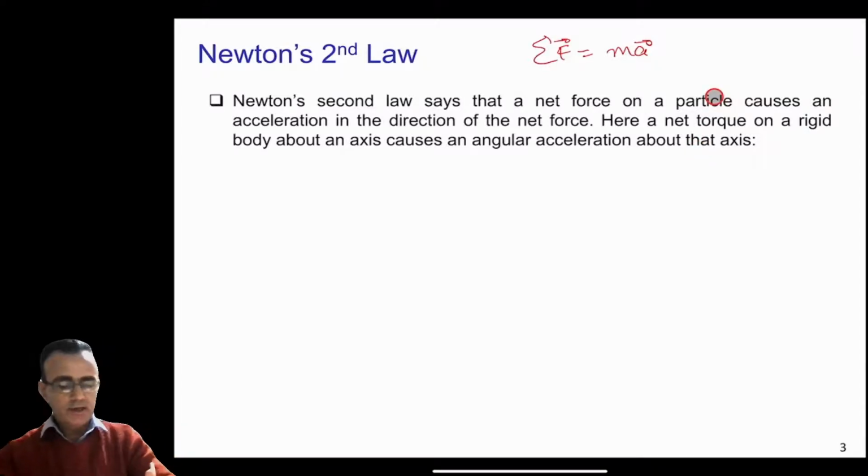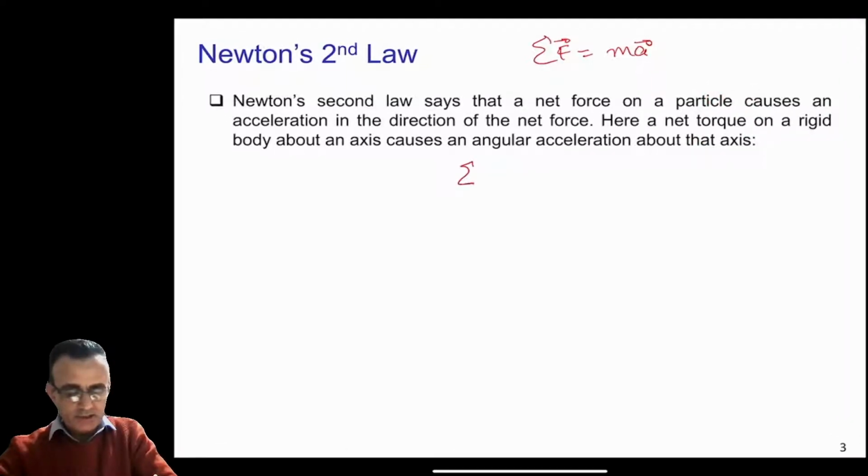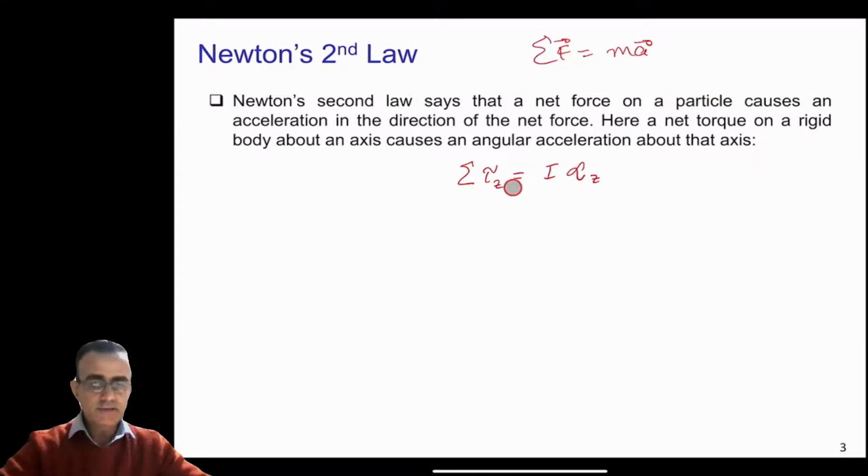So in case of angular motion, the summation of all the torques is equal to I alpha. We just replace F with tau, which is torque, m with I, which is moment of inertia, and a with alpha, which is the angular acceleration. So this is Newton's second law in case of angular motion.